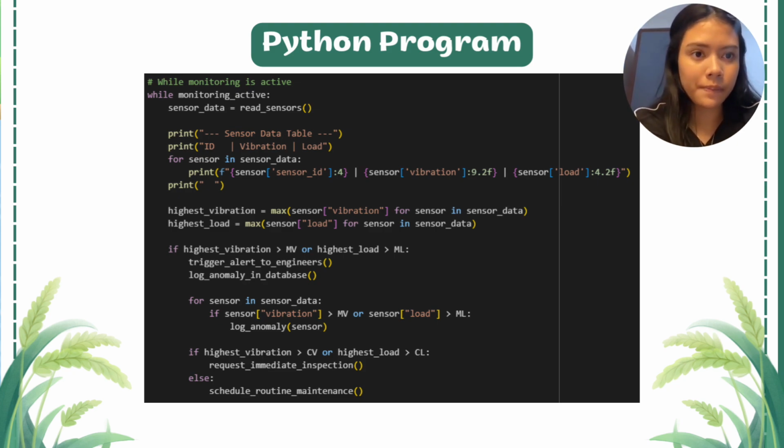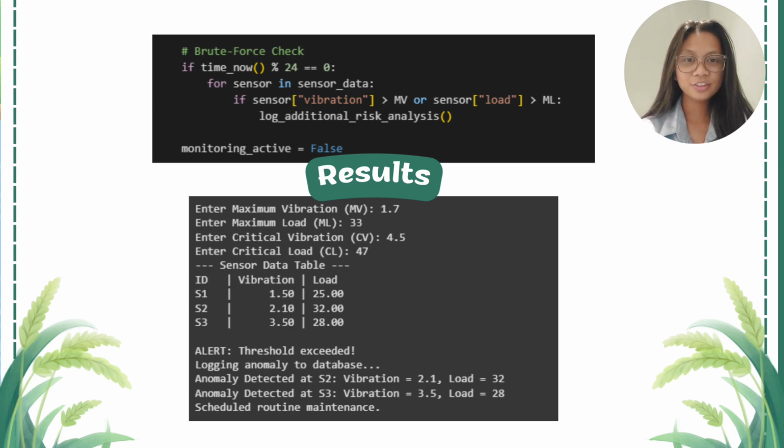After that, the last part of our Python code is that we do a brute force check. Here we use an if, and then we use for sensor in sensor data for the final part of the code. And below here we have an example of the results with numbers that we include ourselves.